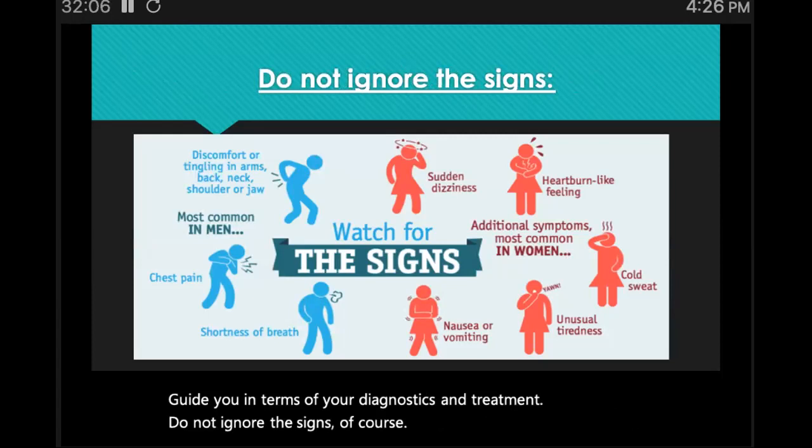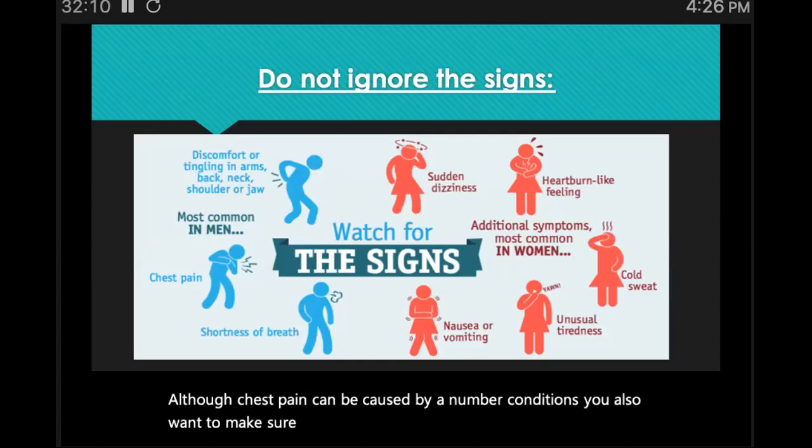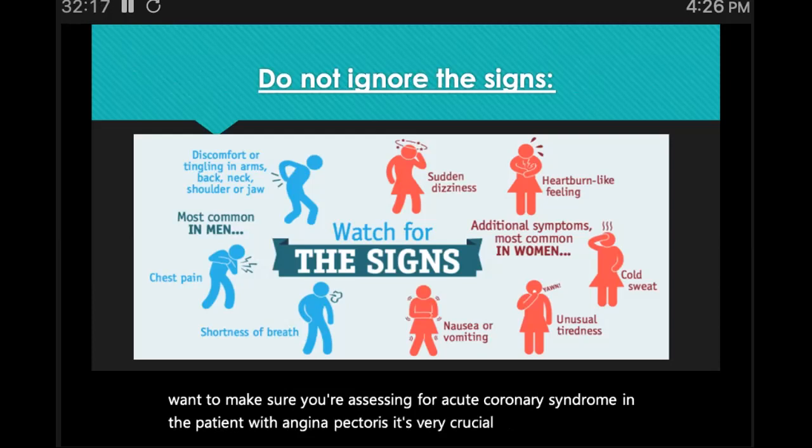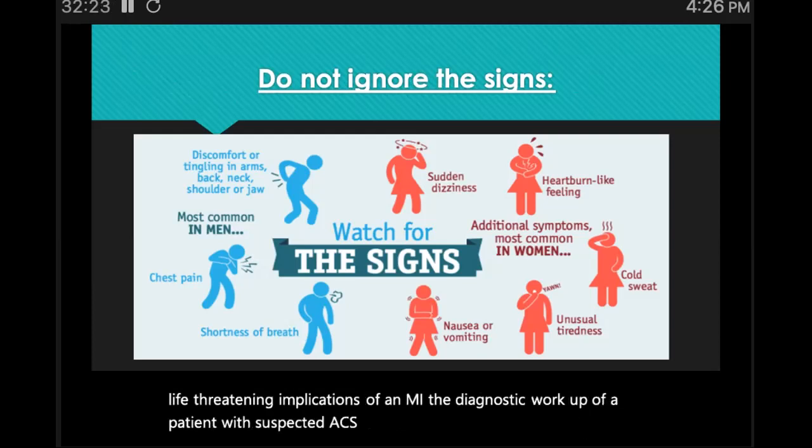Although chest pain can be caused by a number of conditions, you also want to make sure you're assessing for acute coronary syndrome in the patient with angina pectoris. It's very crucial because given the life-threatening implications of an MI, the diagnostic workup of a patient with suspected ACS must always rule out infarction, okay?